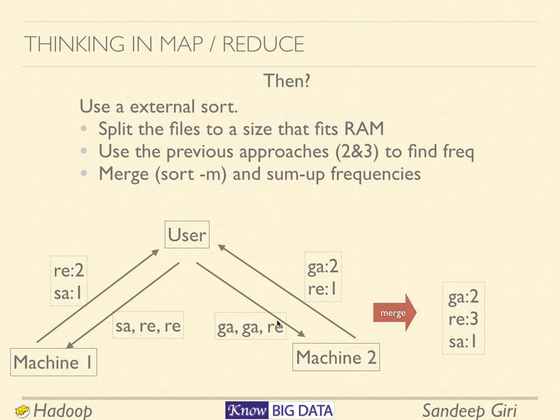Now somebody's question was, why do machine 1, machine 2 need to give the words in order? Because that makes the life of the user easier. Otherwise it becomes a very difficult task to merge again. All right, because as I gave you the problem, if you have two queues of people in the physical world, both of these queues are ordered by height in increasing manner. The first one is the shortest and the last one is the tallest.